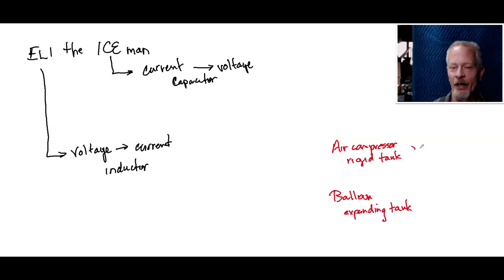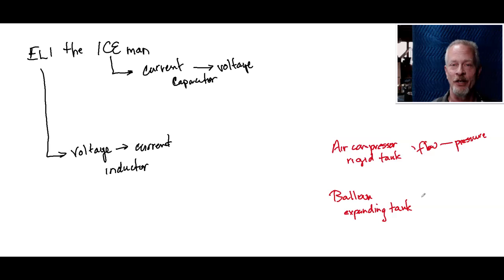So clearly, when we look at an air compressor, we are looking at flow coming before we have pressure. A balloon, on the other hand, is an expanding tank, and if you've ever blown up a balloon, you know full well that you have to apply pressure to that balloon before you can blow it up.